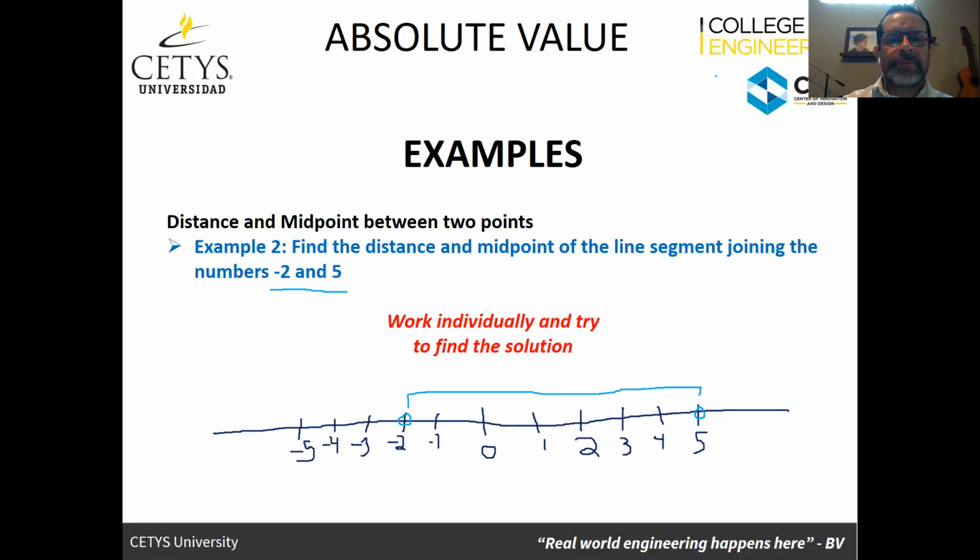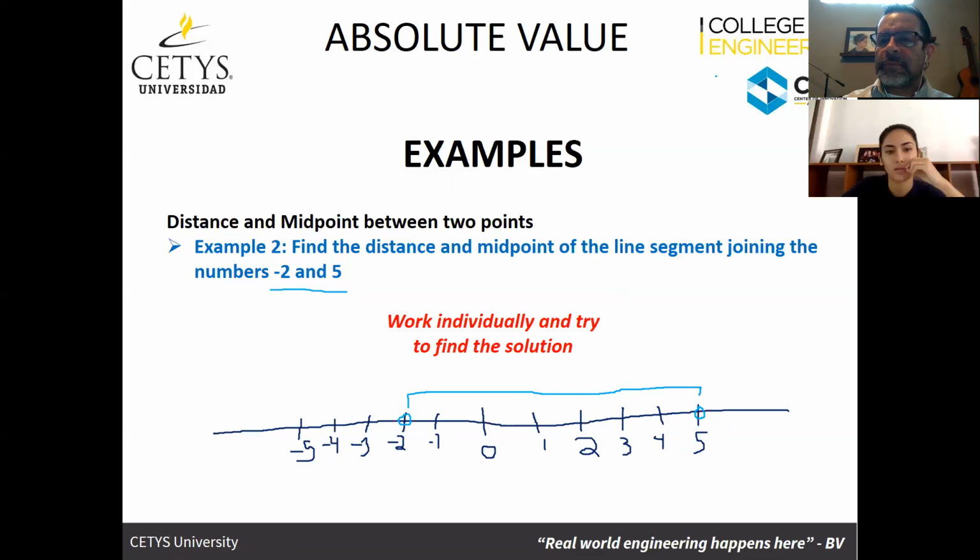Or did we lose you? I'm having trouble with my internet. Oh, sorry about that. Don't worry, but just quickly before your internet goes, how did you identify that it's 7? I count from -2 to 5, and there were 7 units. Yeah, again, it's a simple answer, and it's correct.